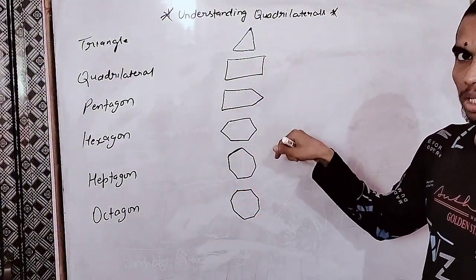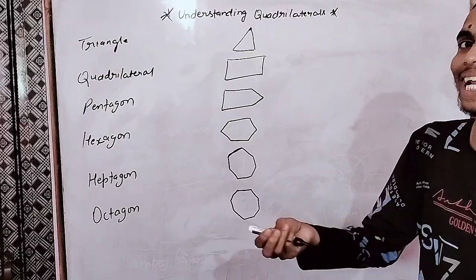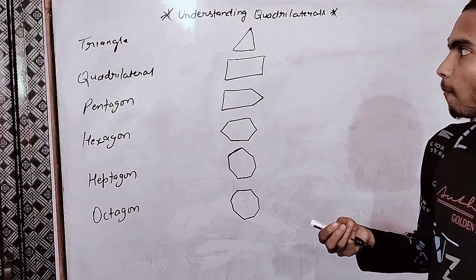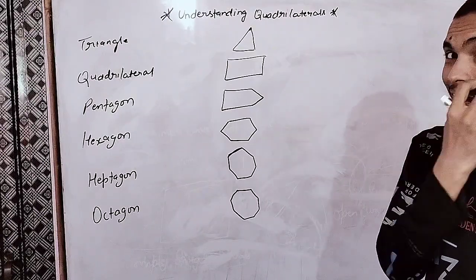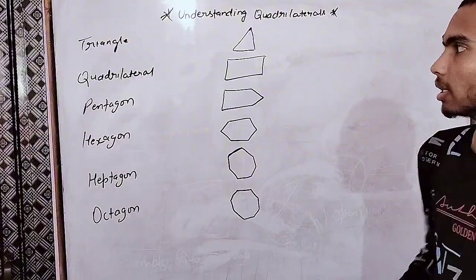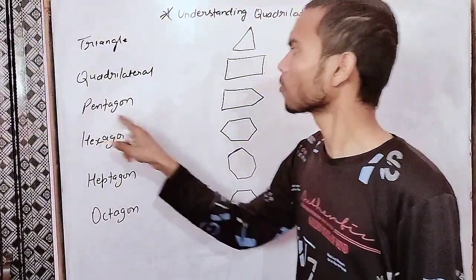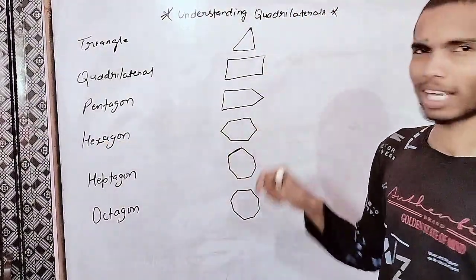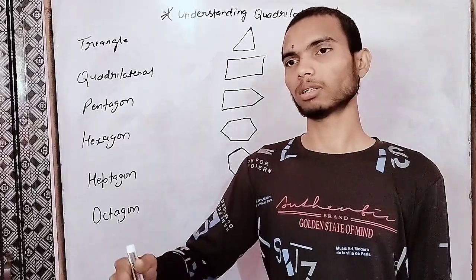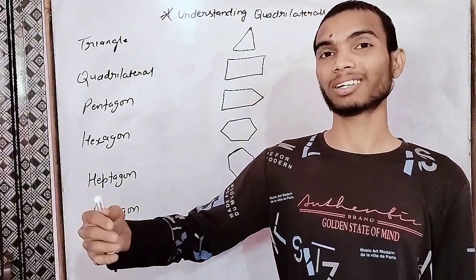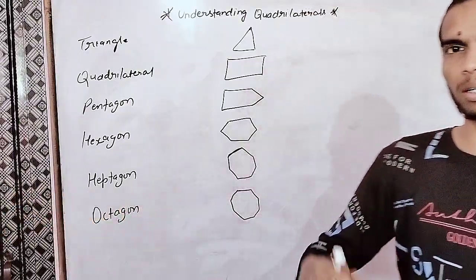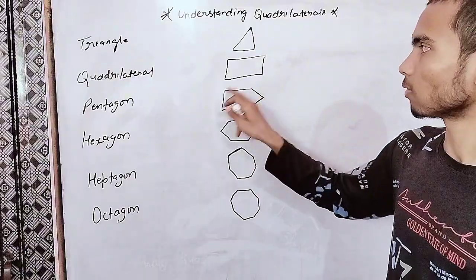But in this case, you realize that we have line segments. Okay, we have line segments. Remember this one. Pentagon. Here you can see penta, which means five, and gon, which means the sides. Penta, five. One, two, three, four, five.